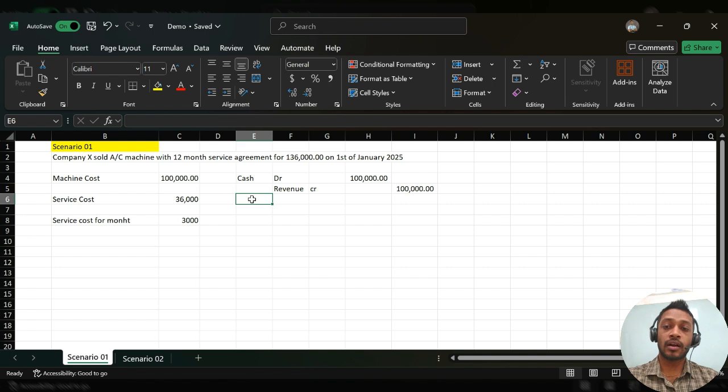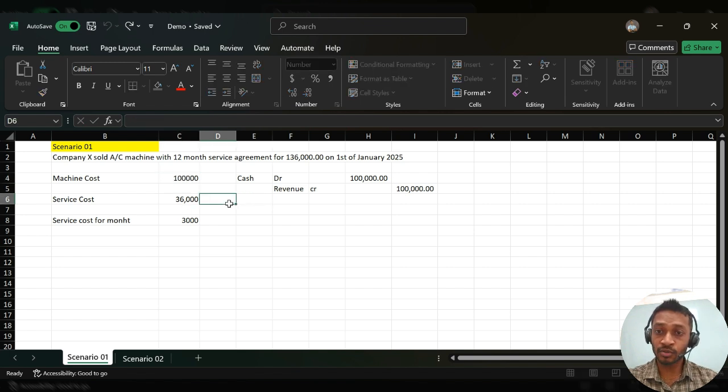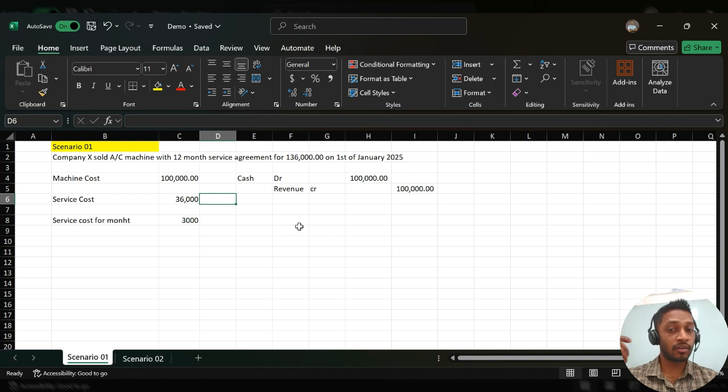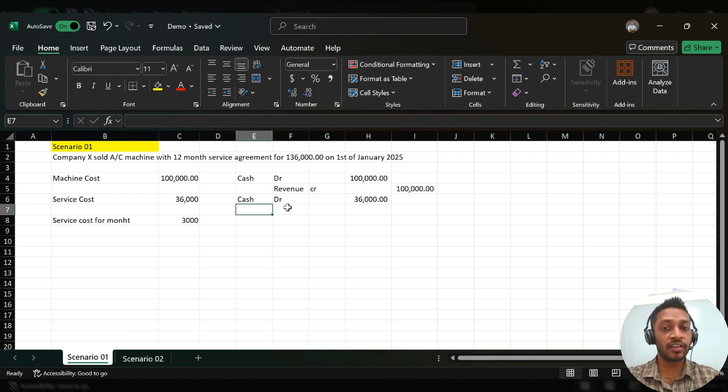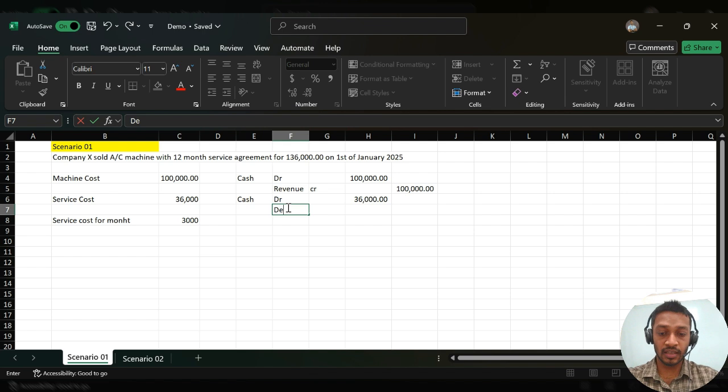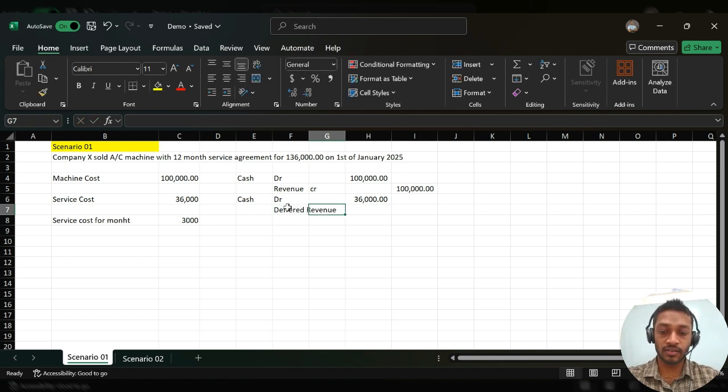On the 1st of January you receive the whole amount, so you have to record that as a cash receipt. We are debiting cash for 36,000, and we are crediting the deferred revenue account.